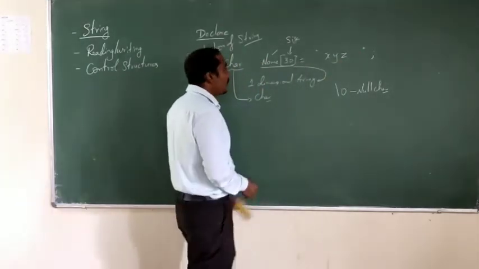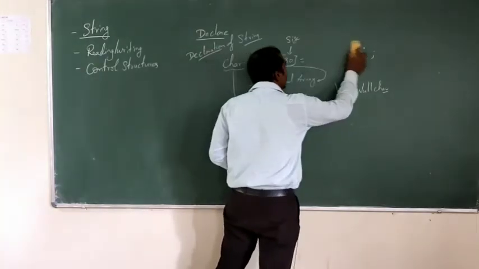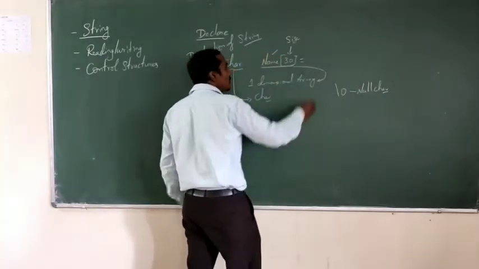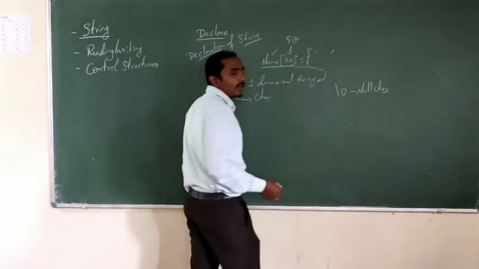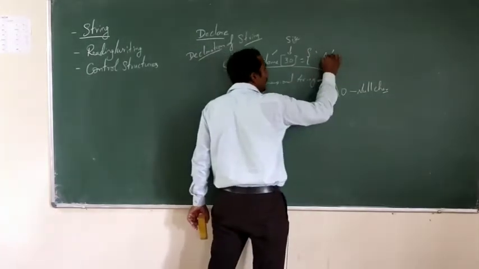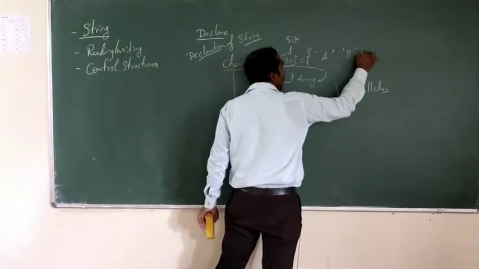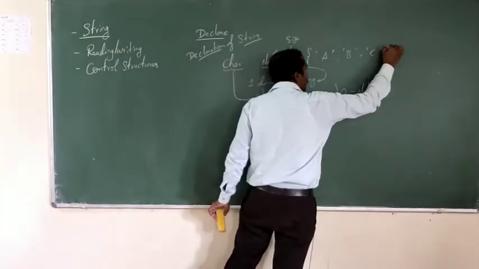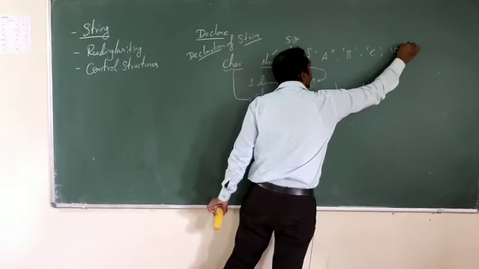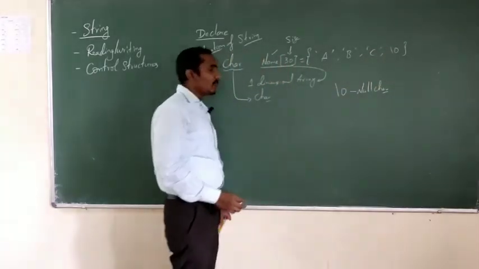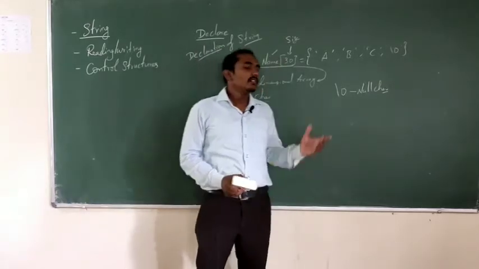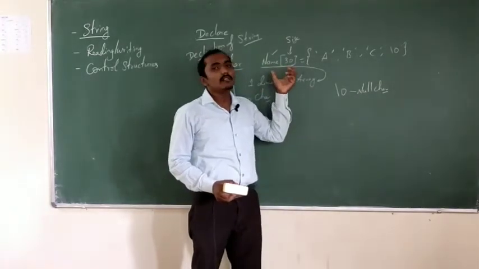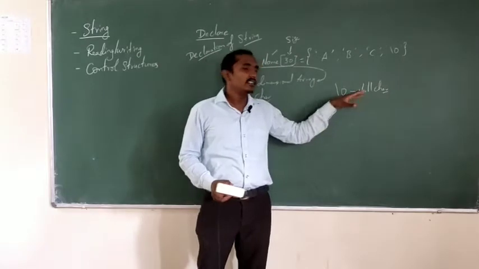There is one more way of initializing. I'll be using the flower brackets and representing individual characters using single quotes, like A, B, C. In this case I need to represent the null character also. Whenever I initialize the string with double quotes, the null character is not required.